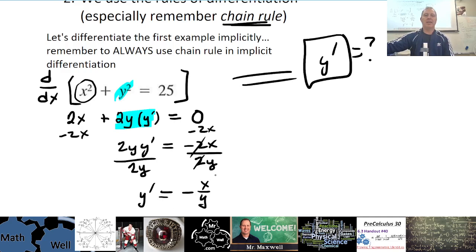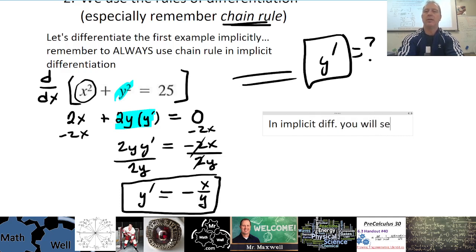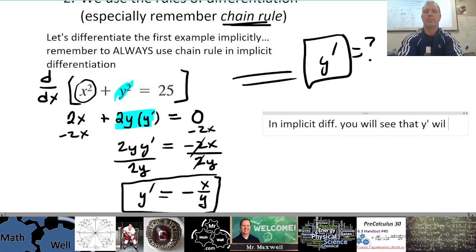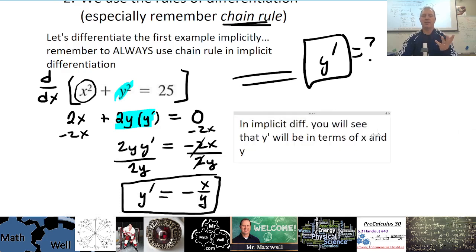All right? And here is the second thing that you will find. The second note here: in implicit differentiation, you will see that y prime will be in terms of x and y. That's a general statement.